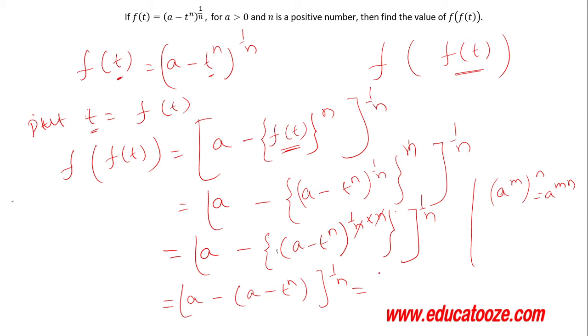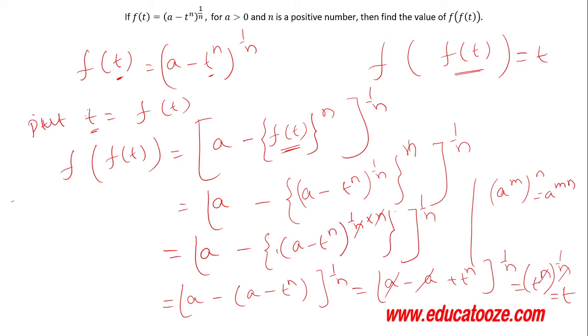Now simplify: a minus a plus t^n, whole power 1 by n. A gets cancelled. It becomes (t^n) whole power 1 by n. This n gets cancelled. It remains t only. That means f of f of t equal to t.